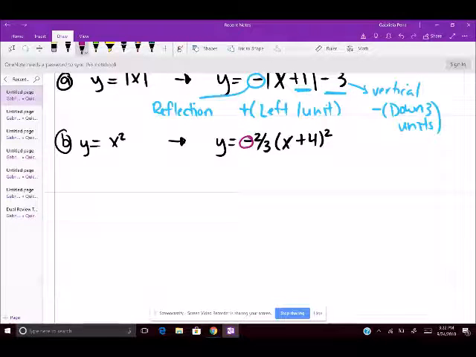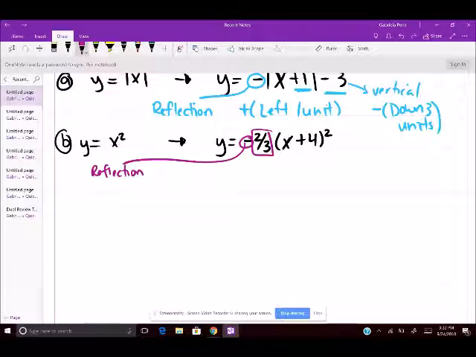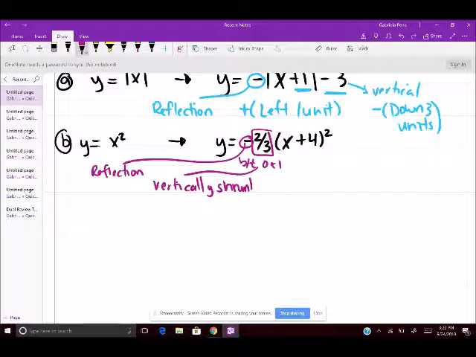So the first thing you should see is that negative, which again, it means that there is a reflection. This 2/3, because it is between 0 and 1, that means that it vertically shrunk by 2/3.